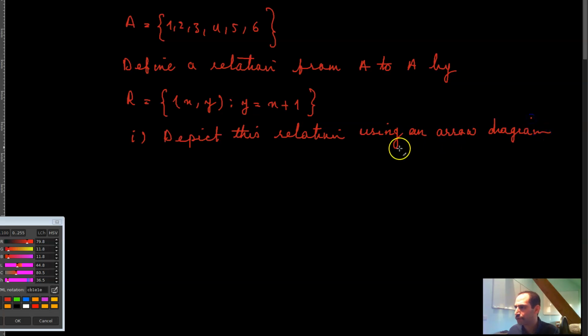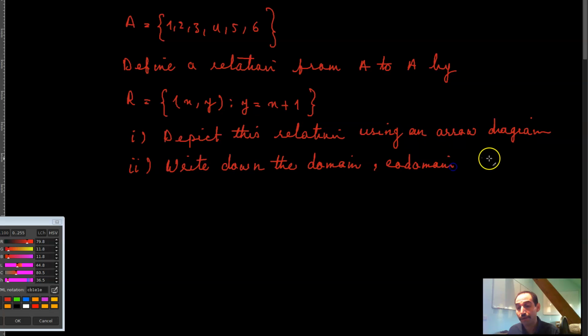And also you want to write down the domain, codomain, and range of R.